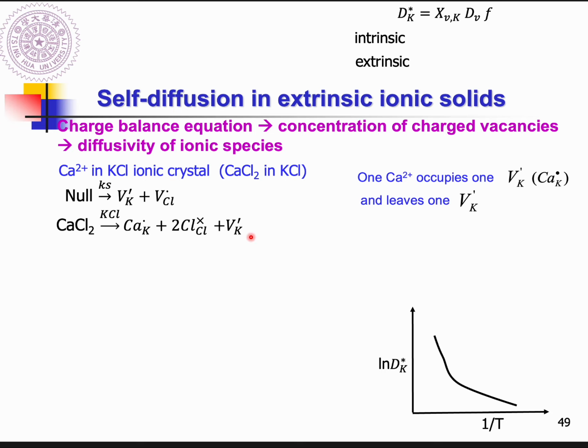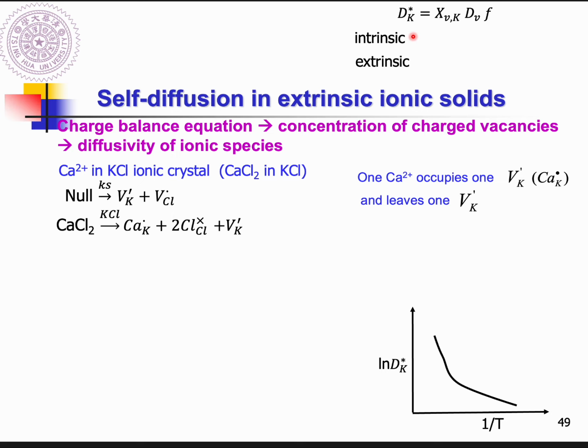So based on these descriptions, as long as I dope more calcium chloride, I will have more V_K prime. On this idea, I will change the X_VK, so D_K* for sure will change. So doping calcium chloride will affect the fraction of V_K and lead to a change in D_K*.